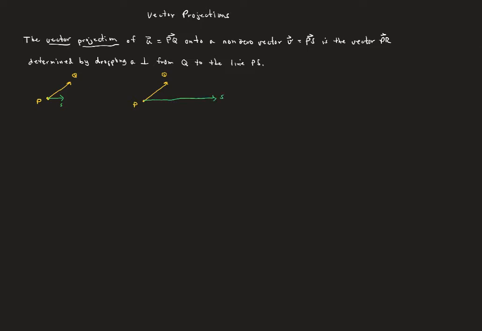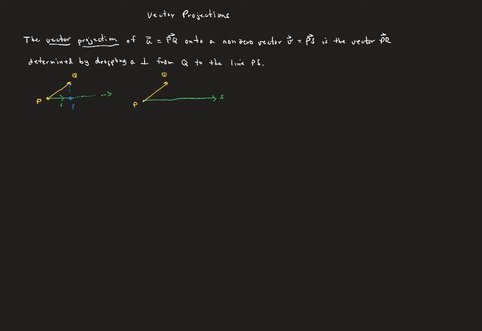So the idea here is we want to project PQ onto vector PS. And PS may be different lengths. But what we want is to drop that perpendicular down to the line containing PS. In this case, PS is too short, so we extend it there to get the line, and then we're going to drop the perpendicular down to that line containing that vector PS.